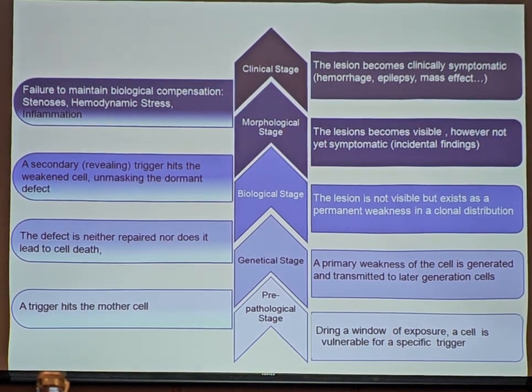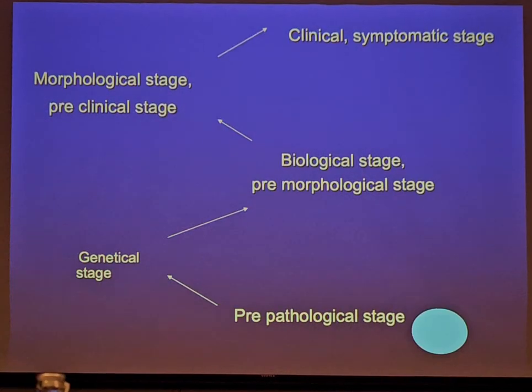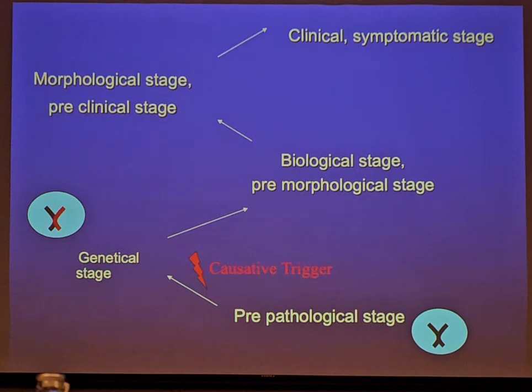And in order for you to understand what I mean with this, let's take an example here. Let's say we have a cell here, and this cell has a chromosome, and everything is peachy. The cell is fine, and the chromosome is fine. But now we have a first or causative trigger. And this makes a cell with a defective chromosome. Now this cell with a defective chromosome has two fates. Either it dies, okay, so no damage done, or it will start to proliferate.